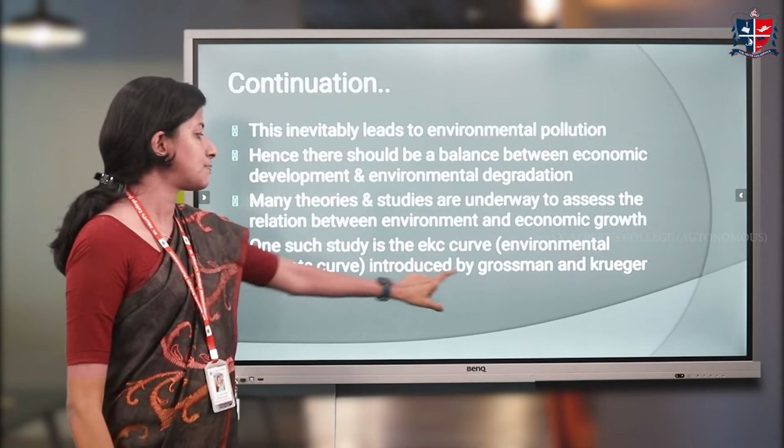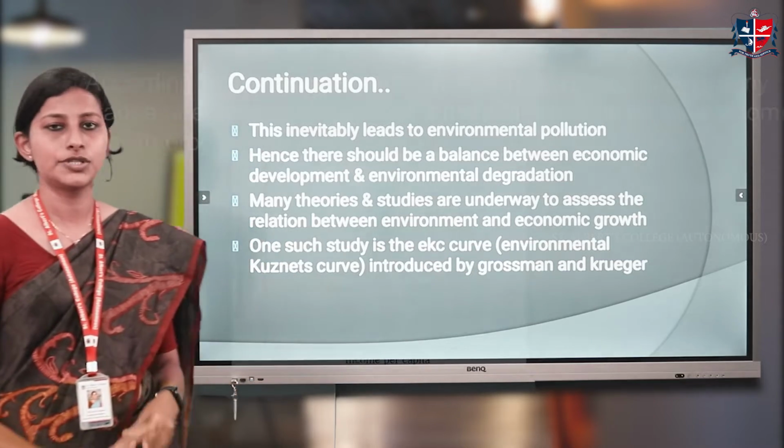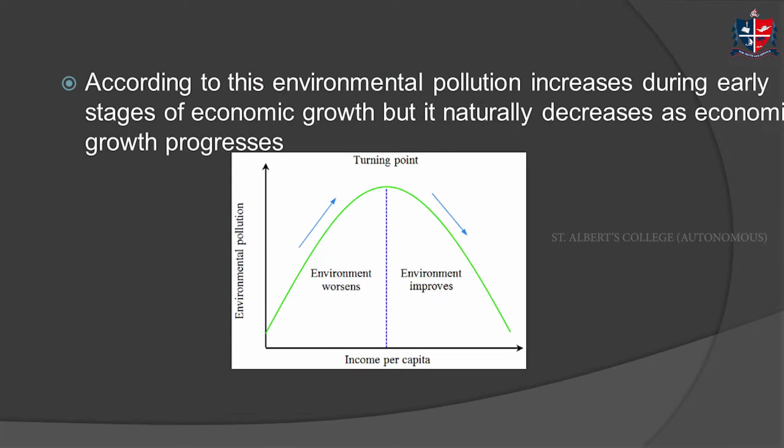According to this curve, in the initial years of development, when a country is developing from an underdeveloped to a developed stage, there will definitely be a degradation in the environment. The x-axis is income per capita. Capita means per head. If you consider a small region, the average income they earn per year is the income per capita.